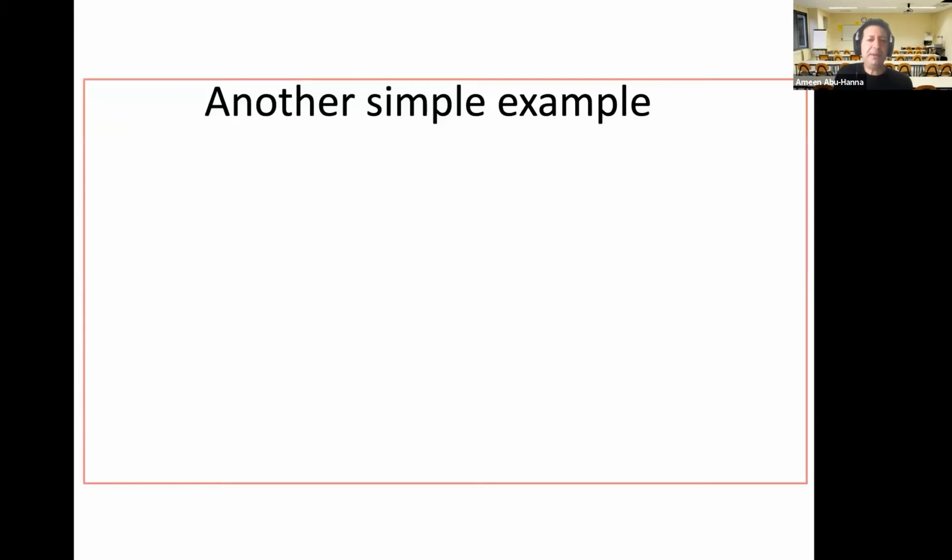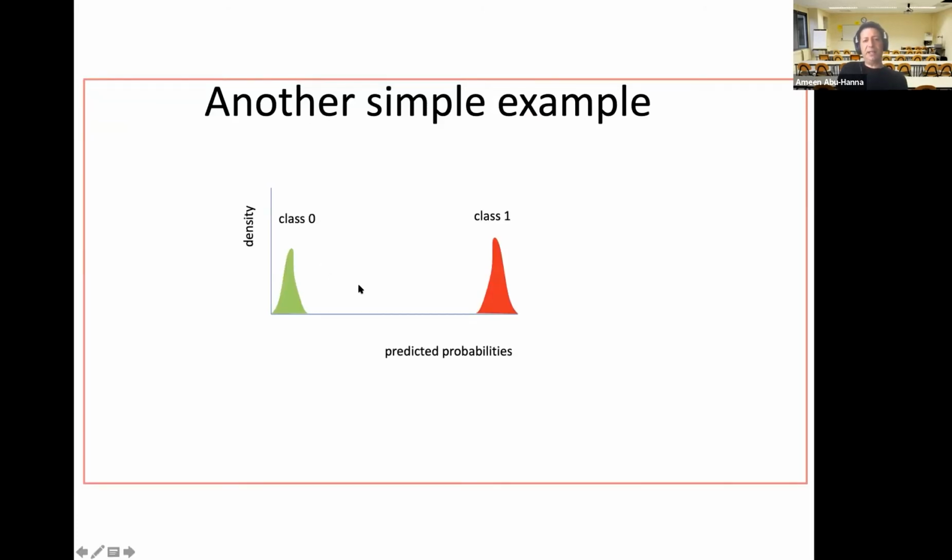Another simple example. What's the AUC here? Can anybody tell me? So we have here class 0 and class 1. And there's no overlap between them. Anybody would like to say what the AUC is in this case? I think 1. Yes, exactly.